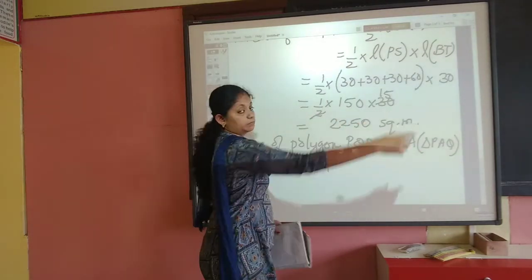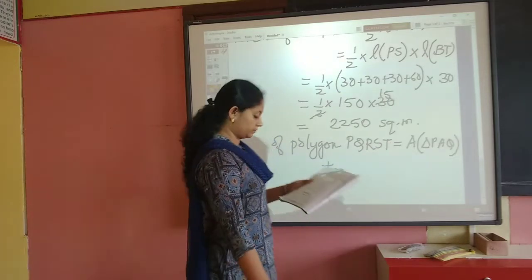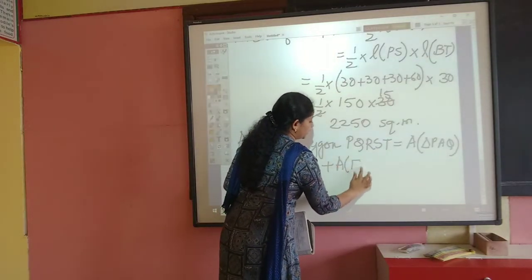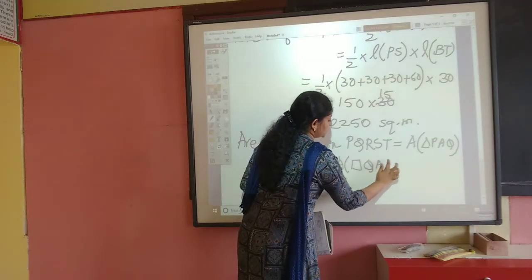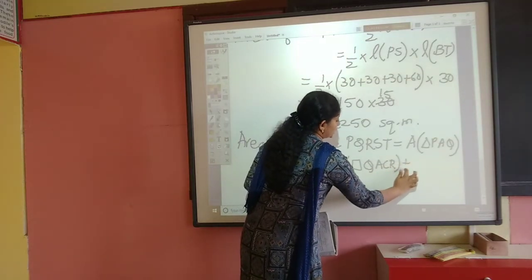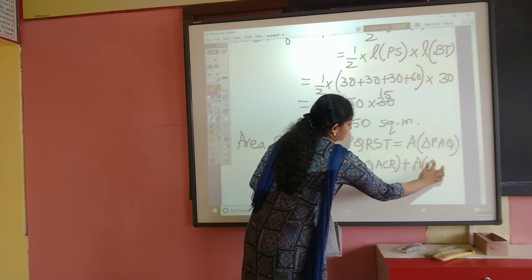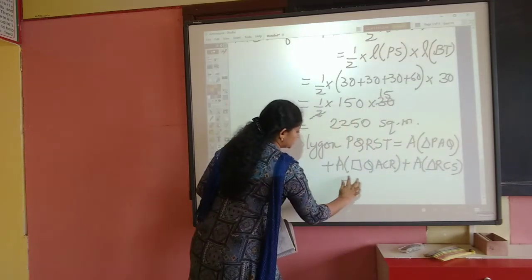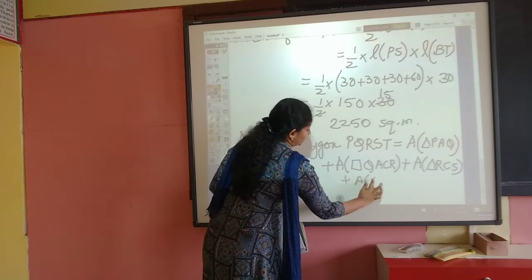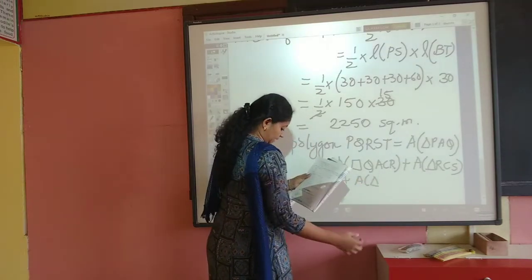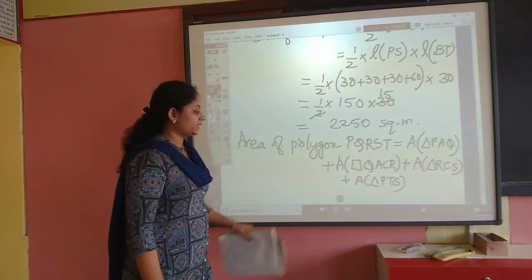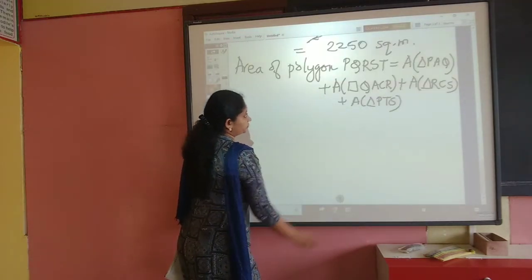You have to write one besides the other. Then area of quadrilateral QACR plus area of triangle RCS plus area of triangle PTS.